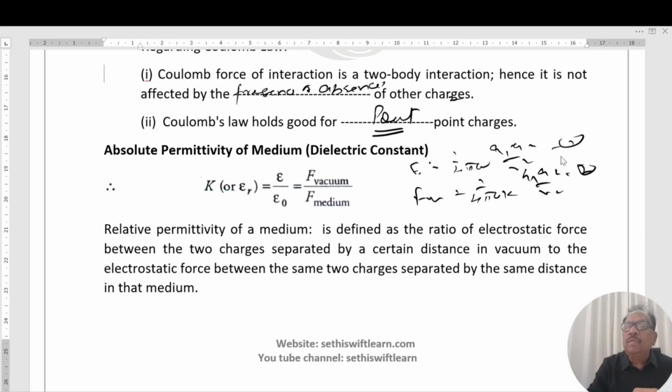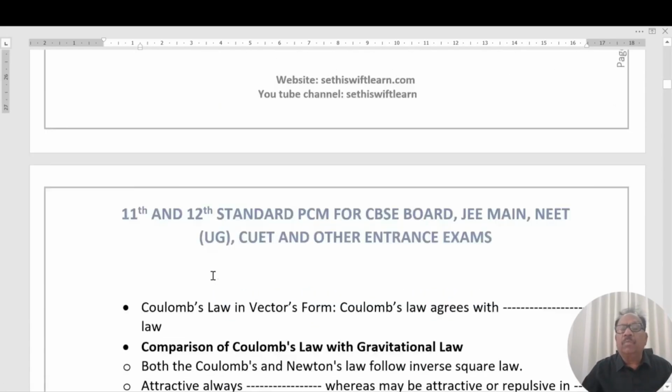If we divide these two, we get K, the relative permittivity. It is the ratio of the electric force between the two charges separated by a certain distance in vacuum to the electric force between the same two charges separated by the same distance in that medium. That is known as relative permittivity.